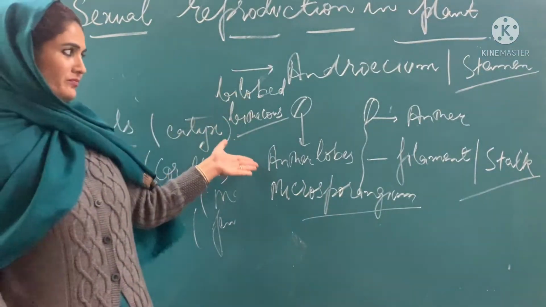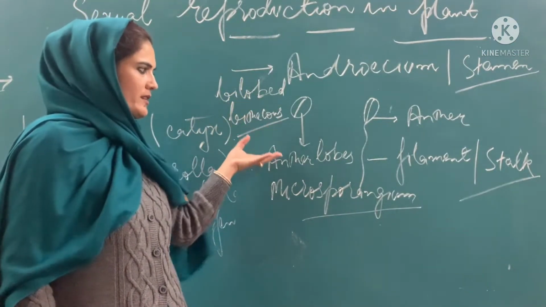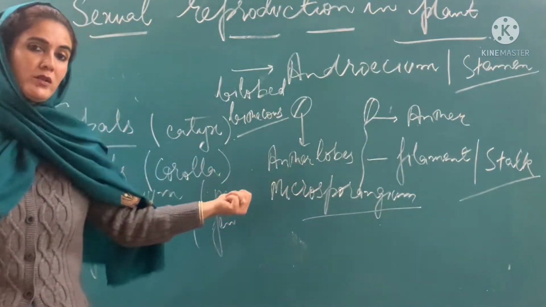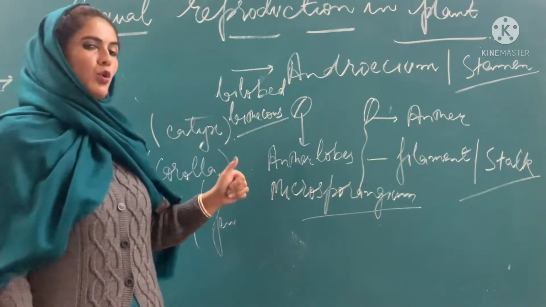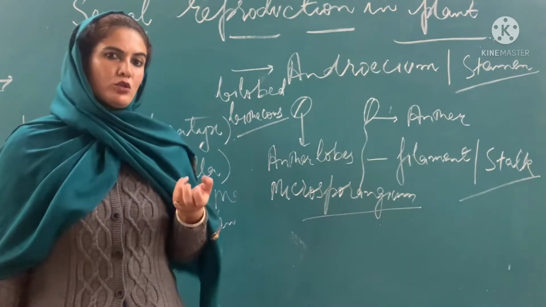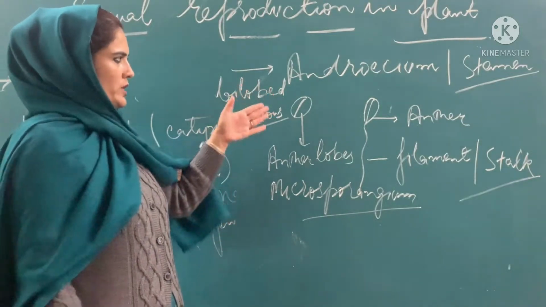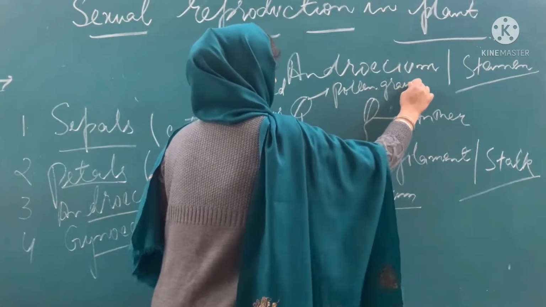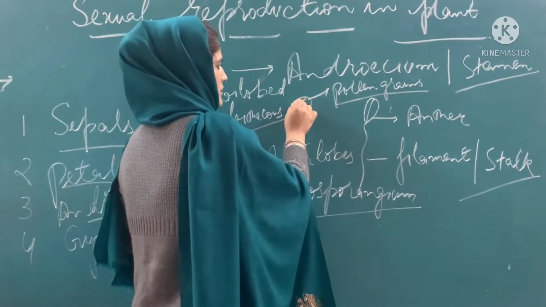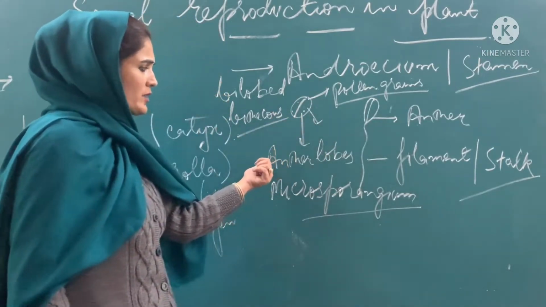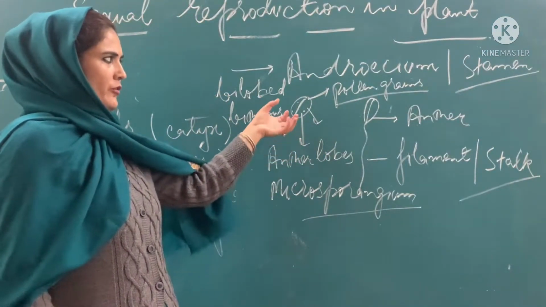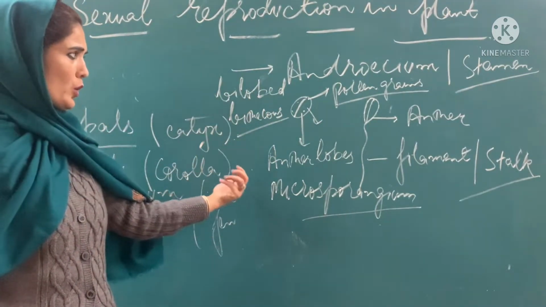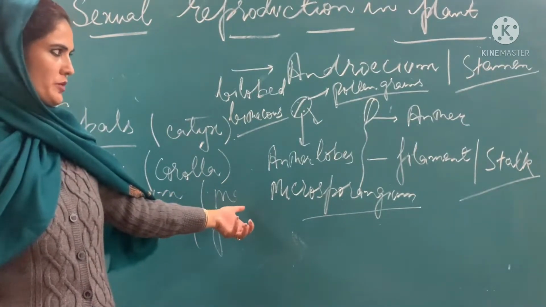The role of anther lobes is that pollen grains are formed here, which is why they are called microsporangium. Pollen grains are the male gametes, also known as microspores. These are also called pollen sacs. So the function of the anther lobe is that pollen grain formation takes place here.